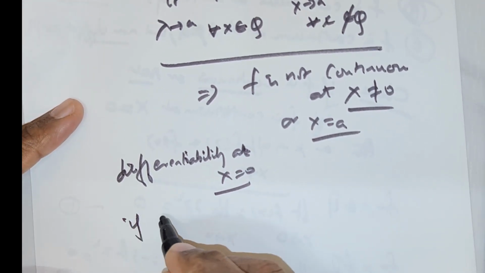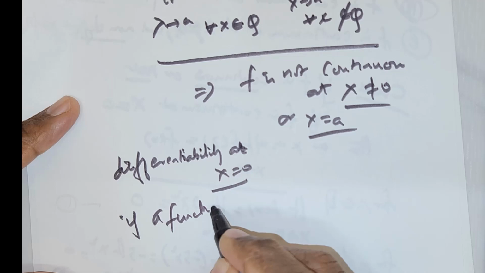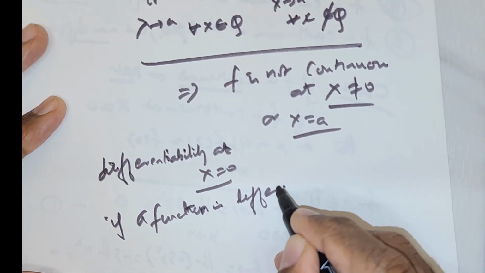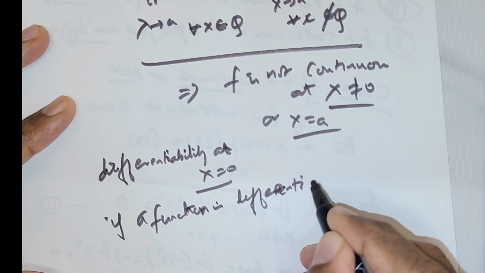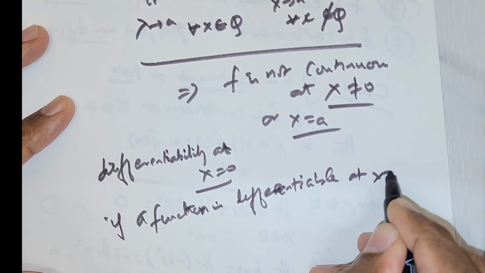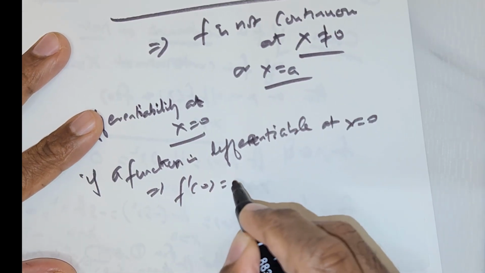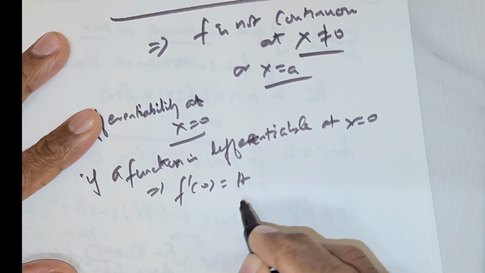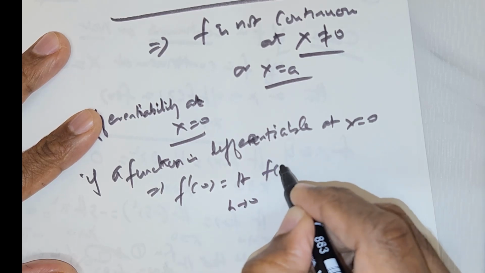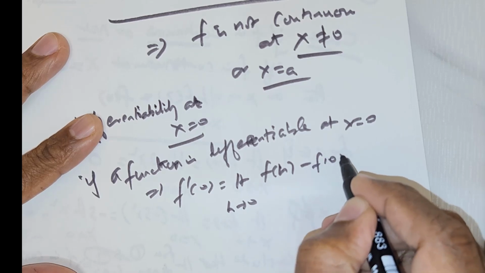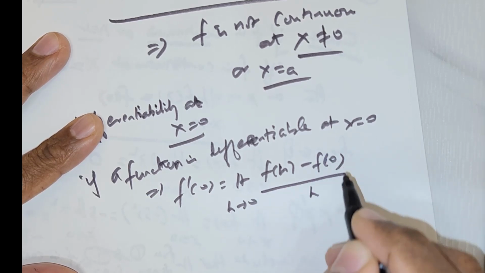Okay, so if a function is differentiable at x is equal to 0, then it means f dash of 0 should be defined as limit h tending to 0 of f of h negative f of 0 divided by h.